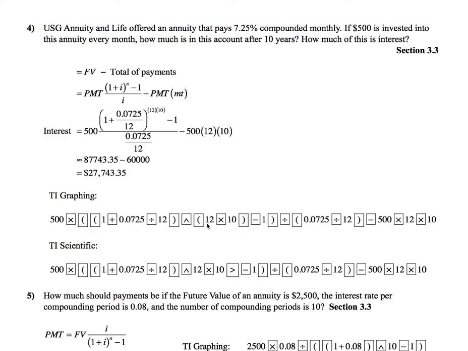Of course, that's alleviated if you just multiply 12 times 10. You have 120, and you just use that as your exponent. Anyway, that's enough of an explanation for the numerator.